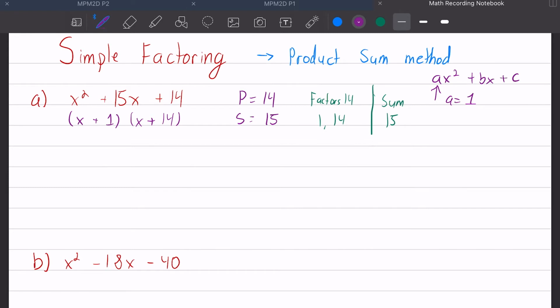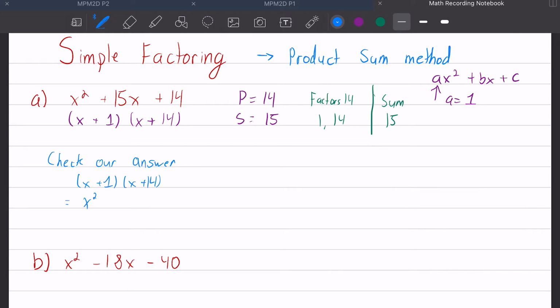Now, if we want to check to make sure we did it right, we can actually do FOIL. So we're going to check our answer. I'm just going to write that out. We have x plus 1 times x plus 14, and we multiply it out with FOIL. x times x gives us x squared.